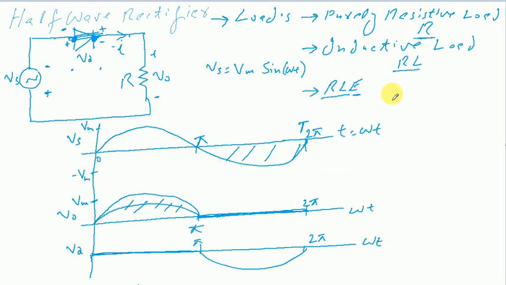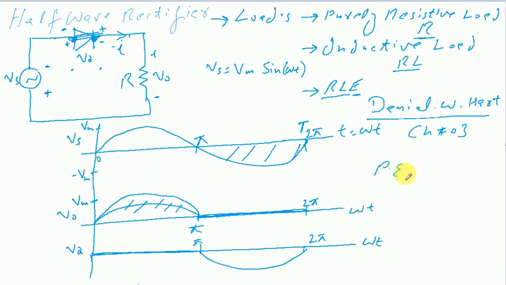You can either use the textbook written by Daniel Hart. I think chapter number 3 of this book begins the discussion of half-wave rectifier circuits, or the other one that I just showed you a while ago, Power Electronics: Converters, Applications and Design.